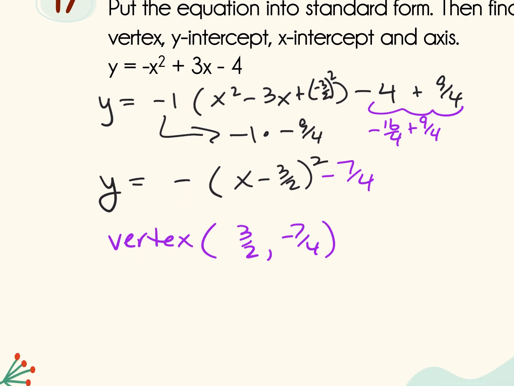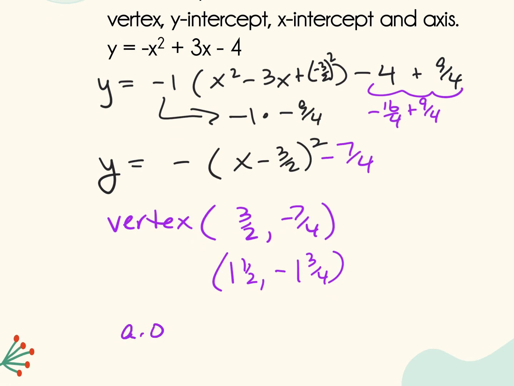So if I'm graphing this, it would be 1.5 and then -1 and 3/4. My axis of symmetry is x equals 3 over 2. My y-intercept, go back to the beginning, it's just the (0, -4).